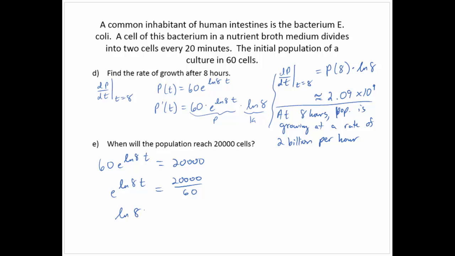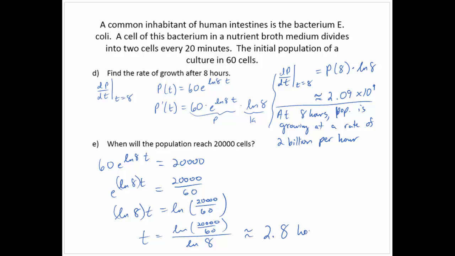So the natural log of 8 times t would be the natural log of 20,000 over 60, and divide through by natural log of 8. And so then t would be the natural log of 20,000 over 60 over the natural log of 8. And that's approximately 2.8 hours.